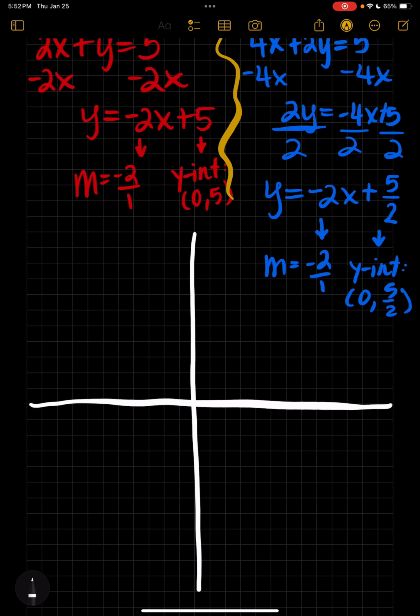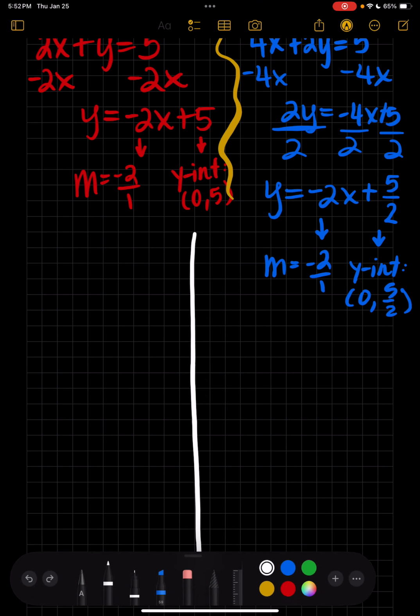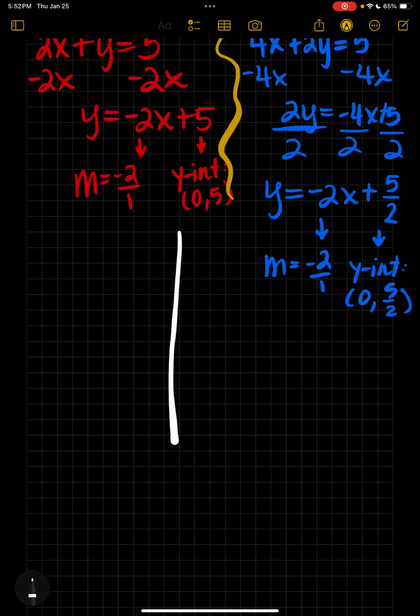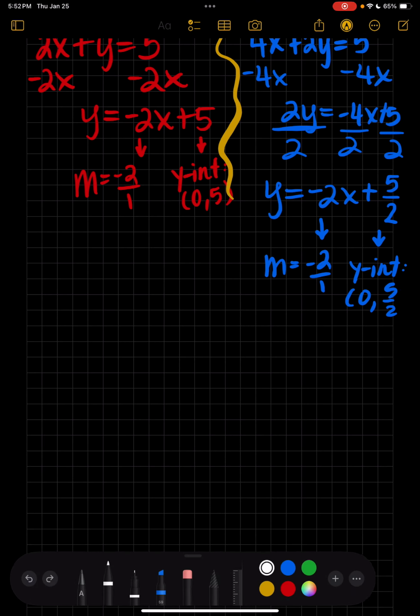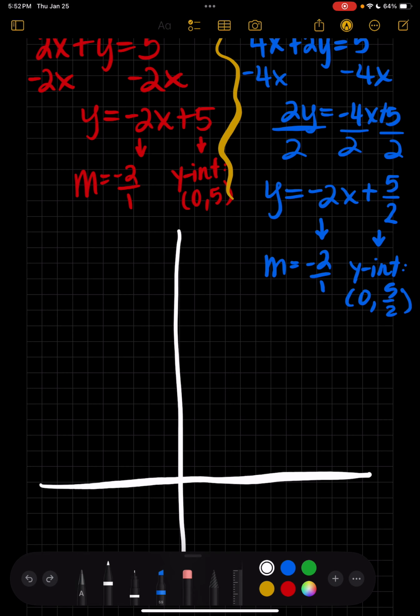And you'll be able to see that because it will show like 1, 2, 3, like that. And so that's going to help us when it comes to graphing this y-intercept of 5 over 2.